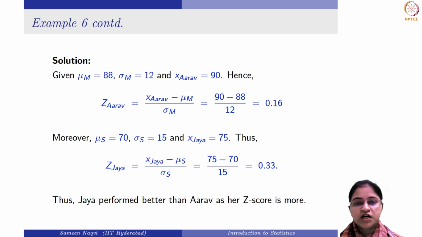If you just conclude by looking at the final marks in two different exams, then the comparison will not make sense, because different exams have different means and standard deviations. Different exams will have different evaluation criteria. So it is important for you to consider the z-scores and then make comparisons.